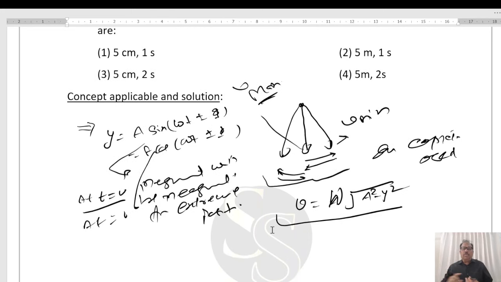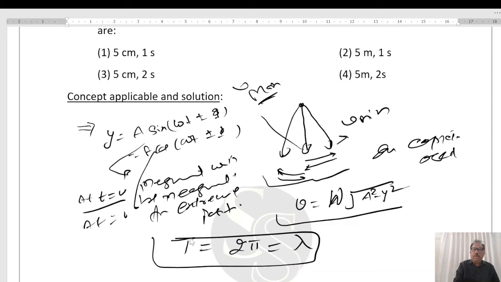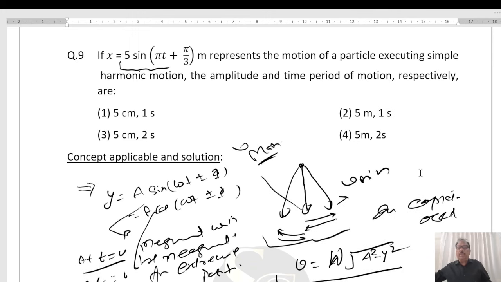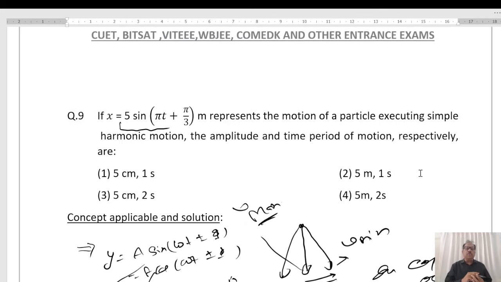Now, one important relation between time period, phase angle and wavelength. This is a very, very important relation, right? This is to be kept in mind. In this case, very simple question. Here, this is the amplitude 5 and omega equal to pi.